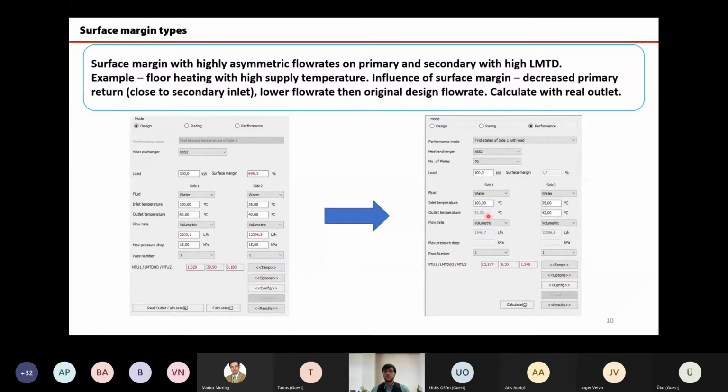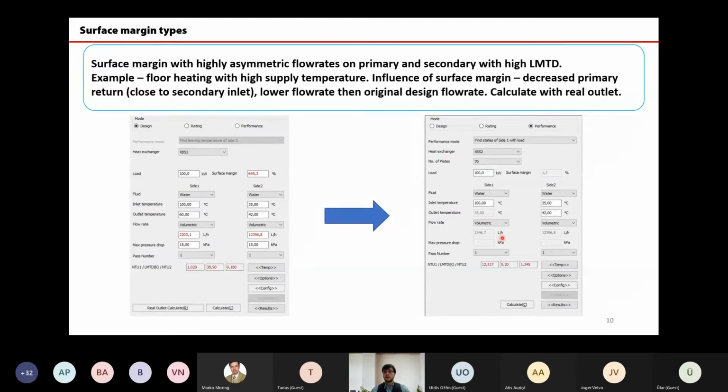And as you know, by the energy preservation equation, if I'm increasing delta T for the media, I can drop the flow rate. And look what happened here. Instead of my 100 to 60 and 2,200 liters per hour flow rate, my real system will be working 100 to 35 and just 1,300 liters per hour flow rate.